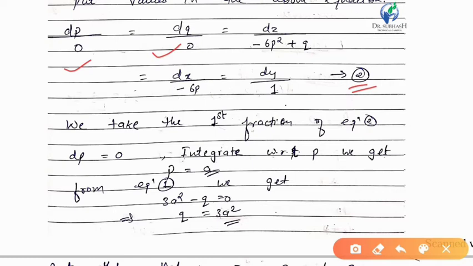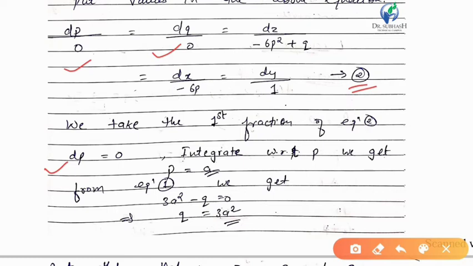In short, I need to remove the terms p and q from the function to get the solution. So here the simplest term I can take is dp. I am taking the first fraction. You can also take dq. That will also be easier for us to integrate. So I am taking here dp.